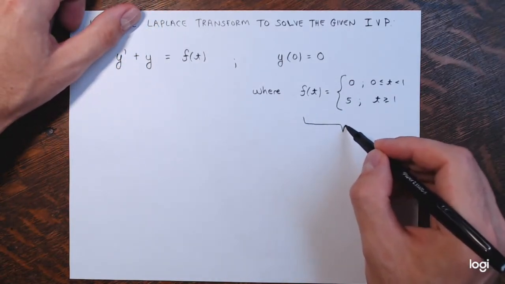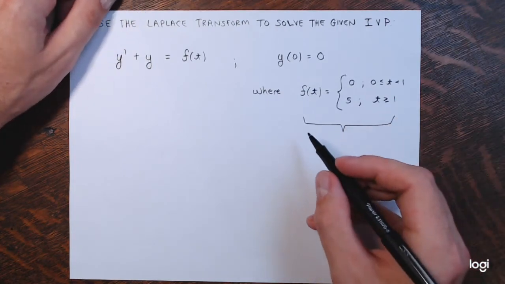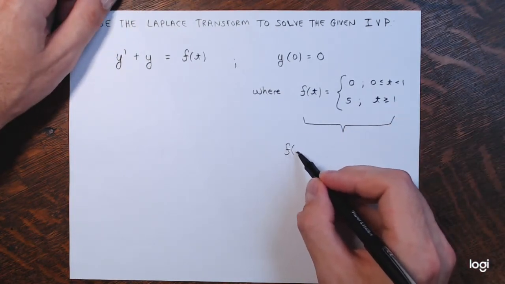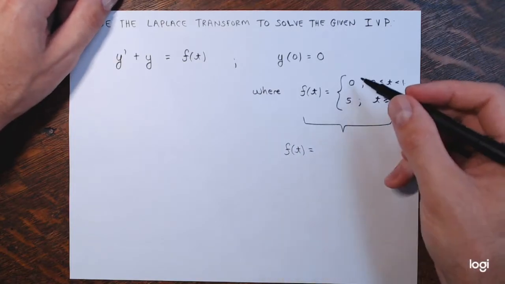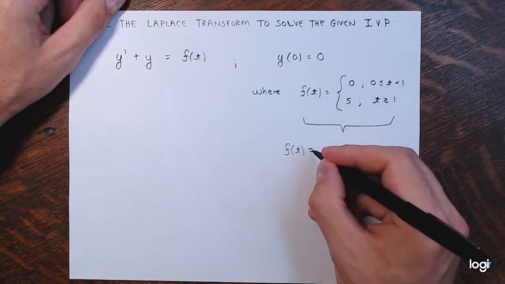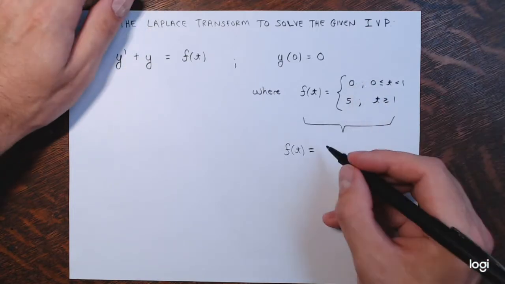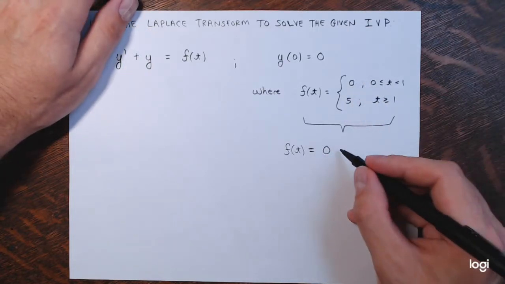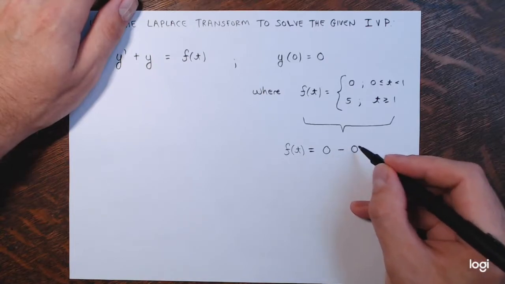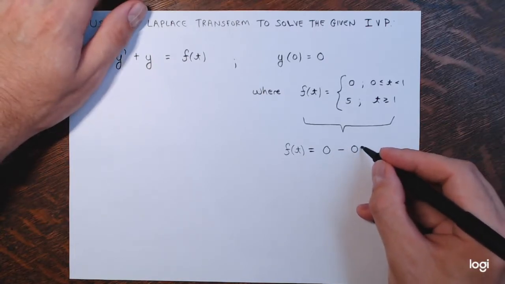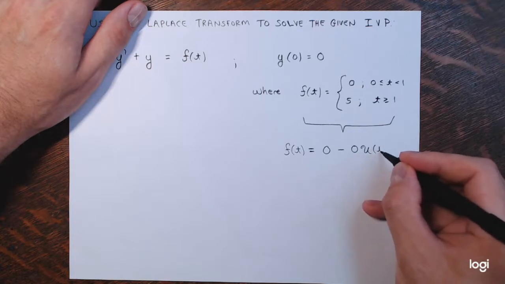If you recall from last video, I should be able to rewrite this function f of t without the pieces. It would be 0, and then I take away the first piece, minus 0 times the unit step function at t minus 1.